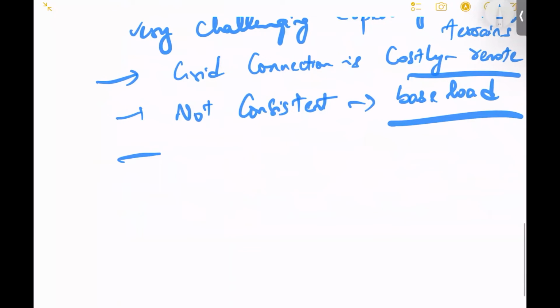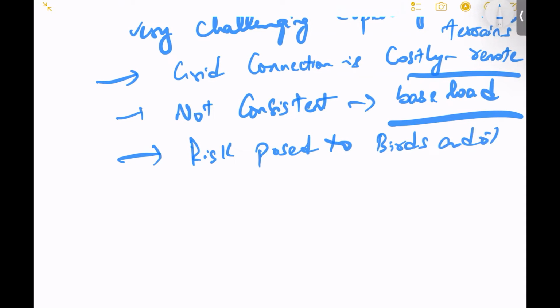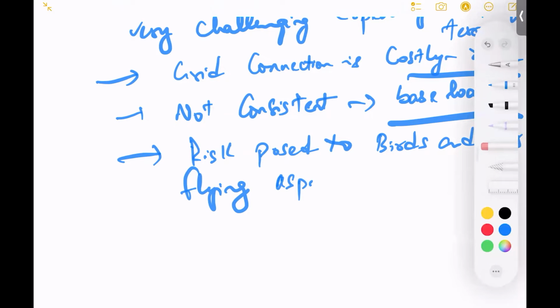Okay. It is sometimes a risk, poses risk to birds and other flying animals.